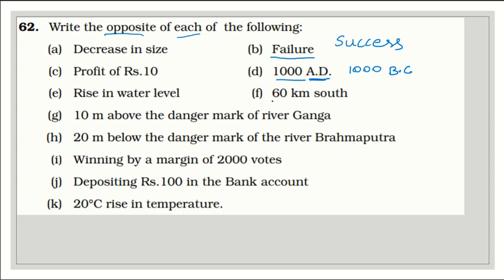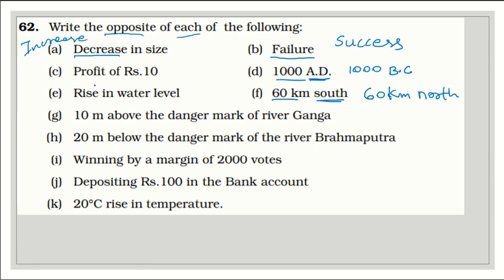Similarly, in the case of F, 60 kilometer south, south is the keyword to which we will write opposite, and it is 60 kilometer north. Like that you need to observe. Now coming to A, decrease is the keyword, so opposite of it will be increase.